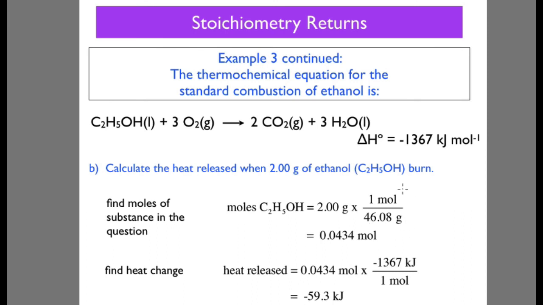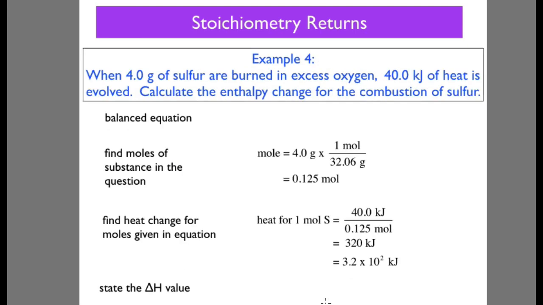We use a conversion factor of 1 mole is 46.08 grams to find the moles of ethanol. And then once we've got the moles of ethanol, we can calculate the heat released, because we know that 1 mole gives us 1367 kilojoules, so we can use this conversion factor to find out how much heat 0.0434 moles would give us. We get minus 59.3.